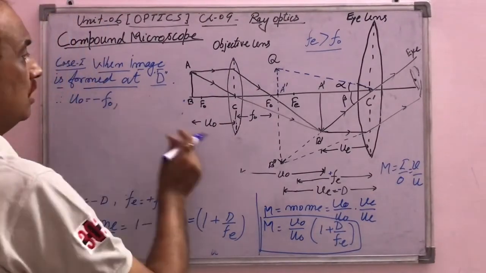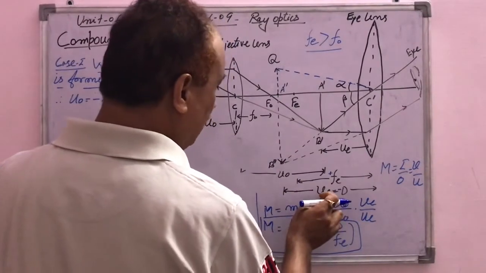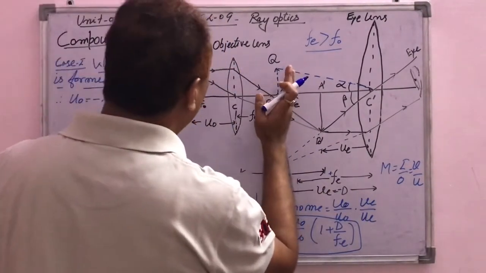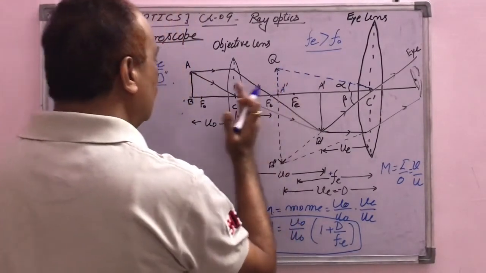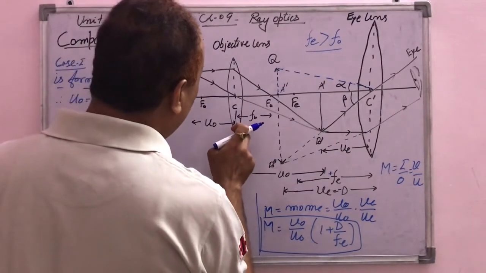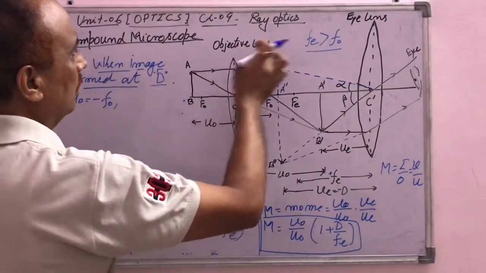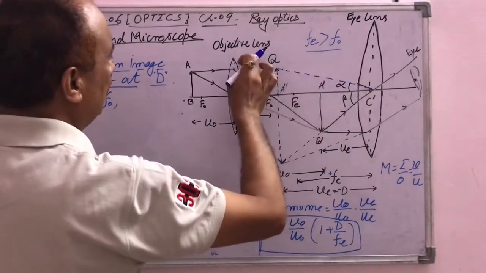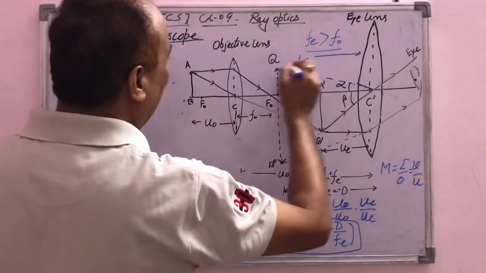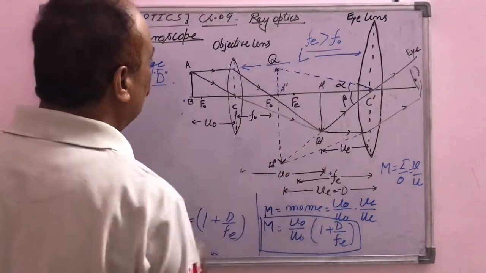In that case, when we shift the object towards the lens, the image is shifted backward toward the objective lens, and it is formed very close to the objective lens. In that condition, the distance between the two lenses is equal to the length of the tube, L.